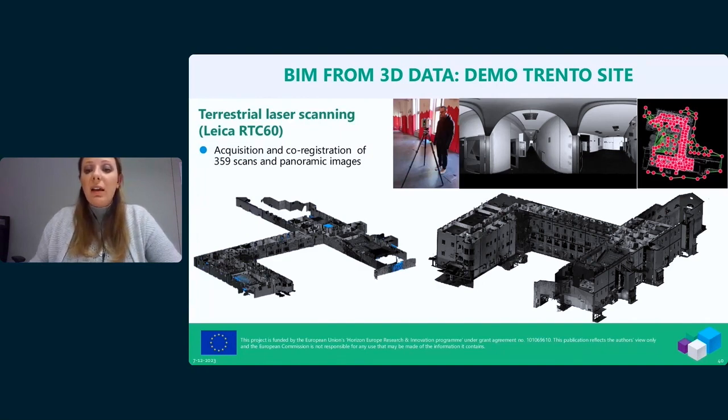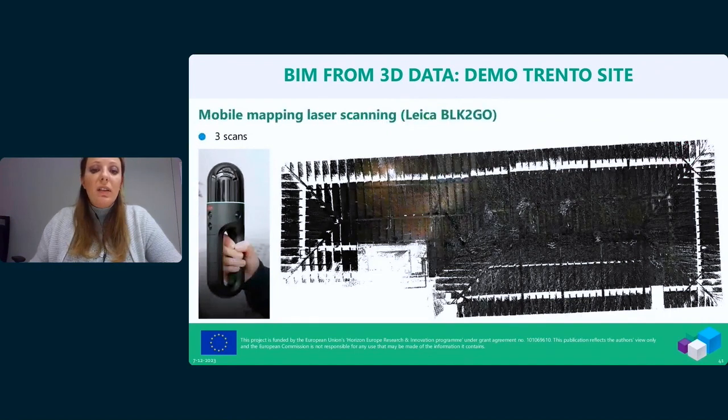And we then integrated this kind of data with data from a handheld laser scanner, so another laser technology. In this case, you can acquire data simply walking through the spaces, through the environments, and we decided for this solution for surveying more inaccessible parts, like this one that is the under roof of one wing of the Santa Chiara historical building.